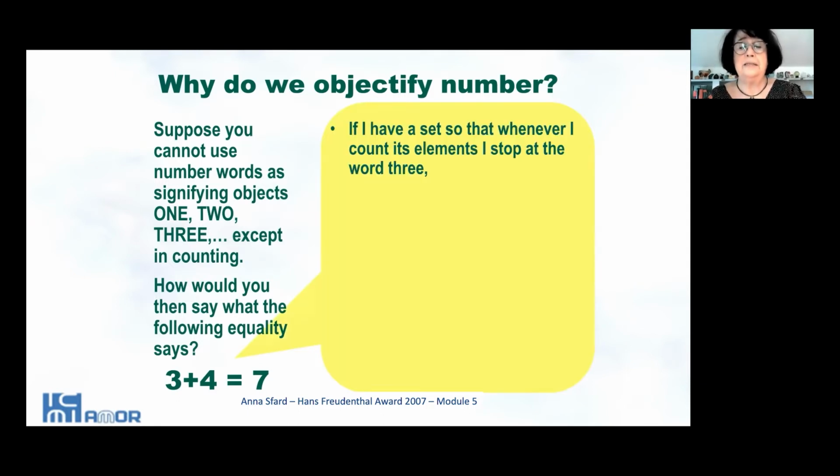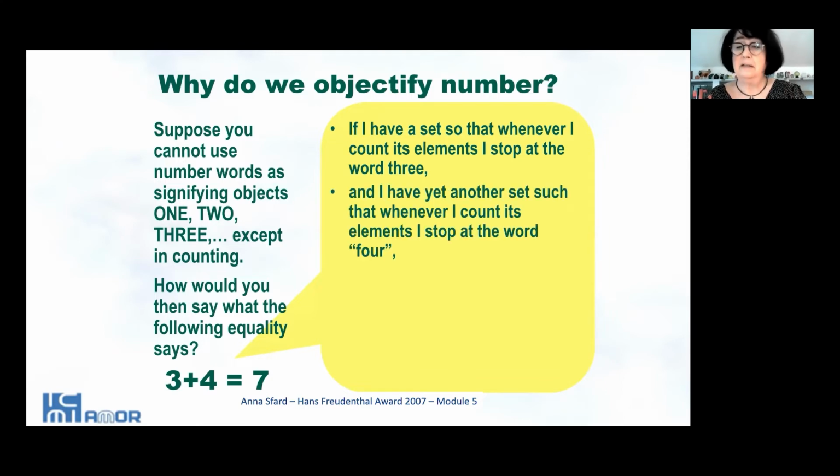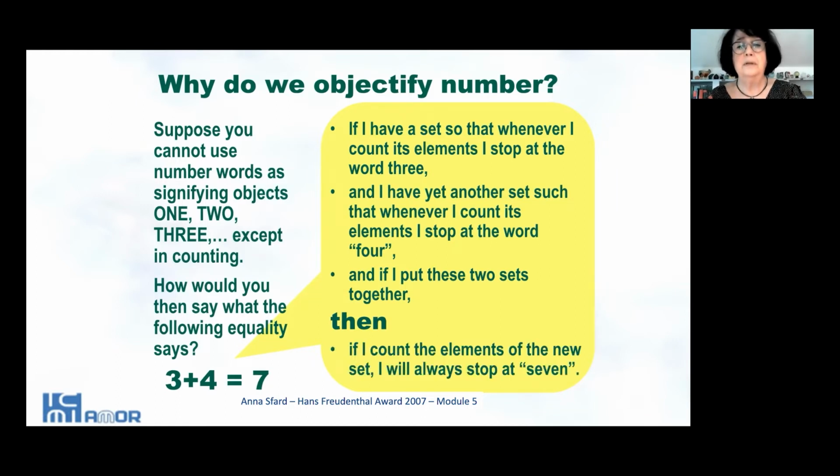If I have a set so that whenever I count its elements, I stop at the word 3, and I have yet another set such that when I count its elements, I stop at the word 4. And if I put these two sets together, then if I count the elements of the new set, I will always stop at 7.